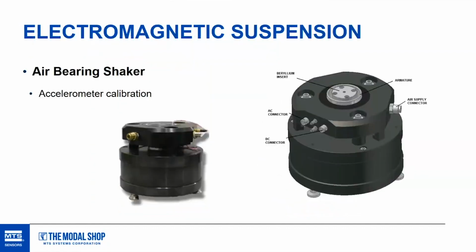Okay, so we're going to look at a couple of other unique designs. One is the air-bearing shaker, which is a special shaker that's used for accelerometer calibration applications. In this particular design, we eliminated the mechanical suspension system, not eliminated, but we replaced that with an electromagnetic suspension.